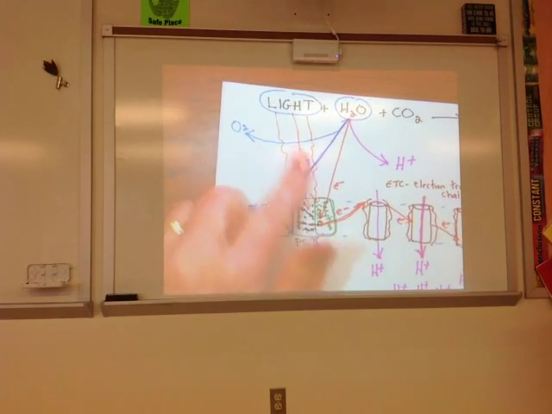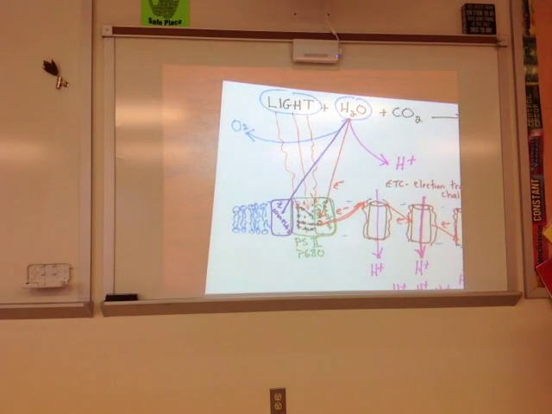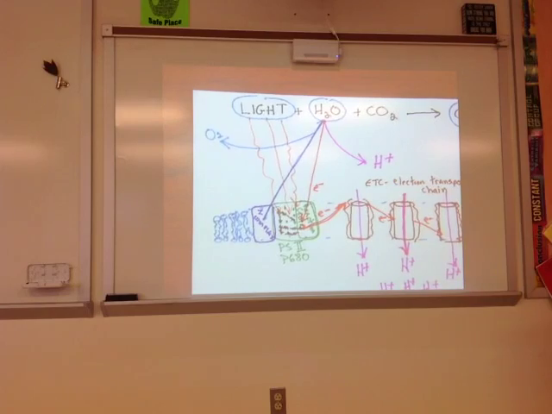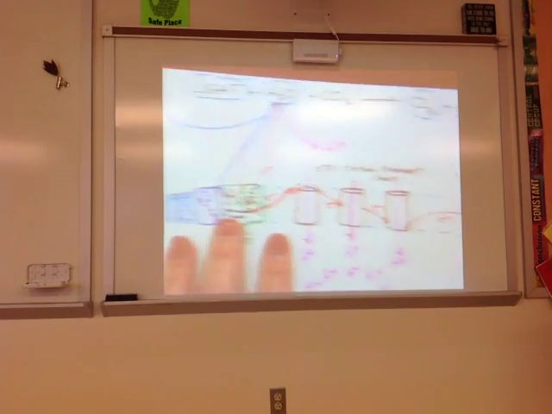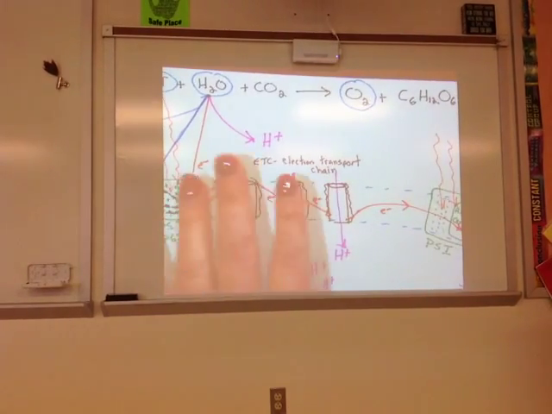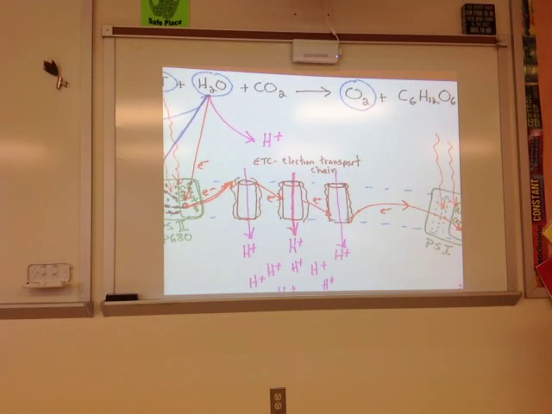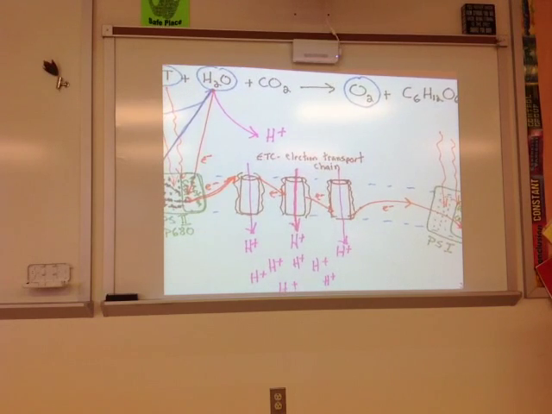You know, you energize, lose an electron, and then replace it, all at the same time. And we're showing the sequence of events, but they are also occurring at the same time, although there's a sequence as far as the flow of the electrons. So that's the order we're talking about, the electron flow. Okay. All right. Questions on any of that? All right.